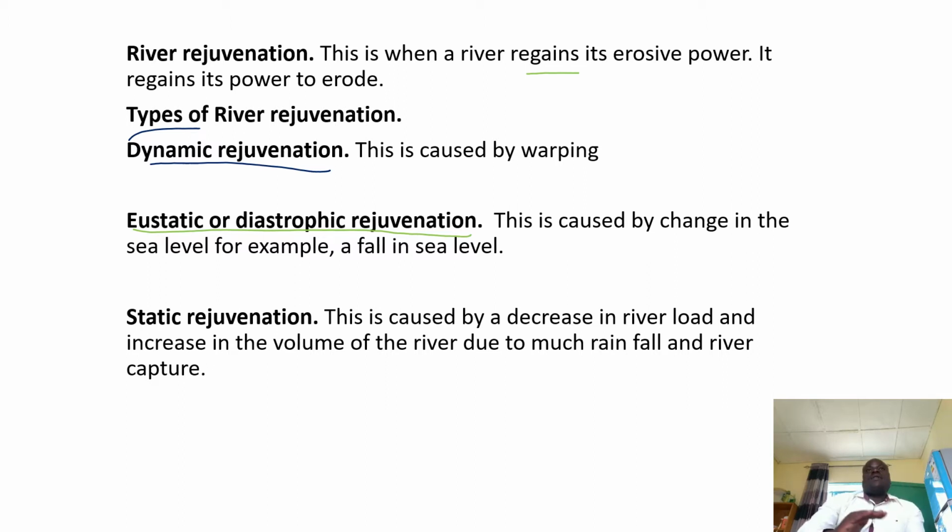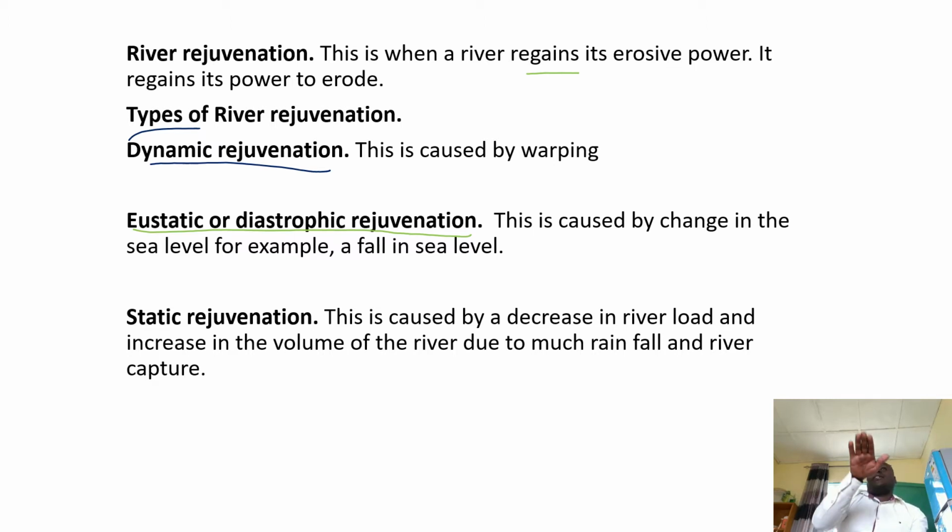In case the river was joining the sea at sea level 2, and then the sea level changes or reduces to sea level 1, the river will be forced to flow on a steep gradient in order to join the sea at the current sea level 1.